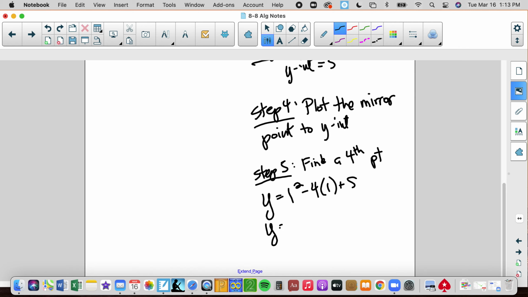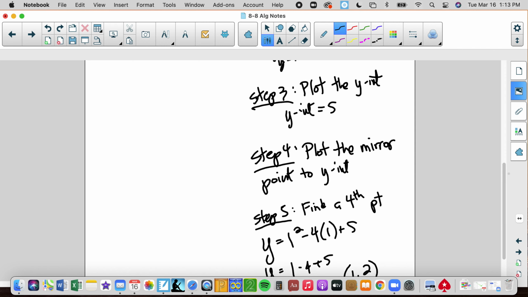All right. So 1 squared is 1. Negative 4 times 1 is negative 4. 1 minus 4 is negative 3, plus 5 is 2. So my other coordinate is (1, 2).